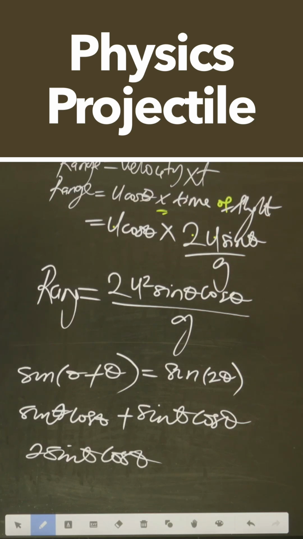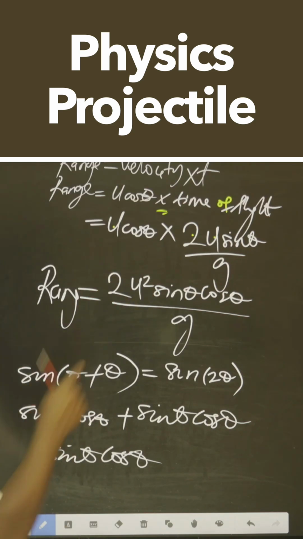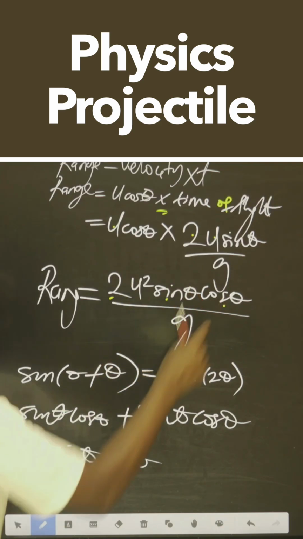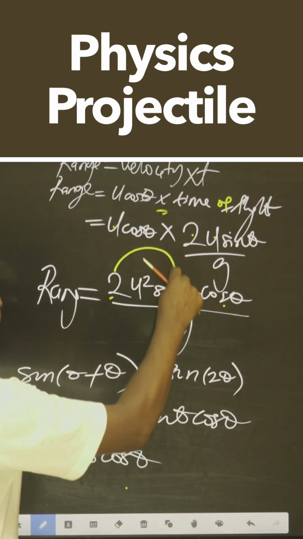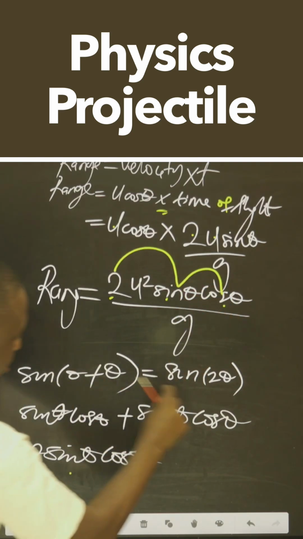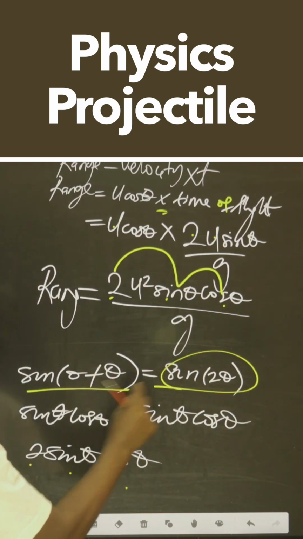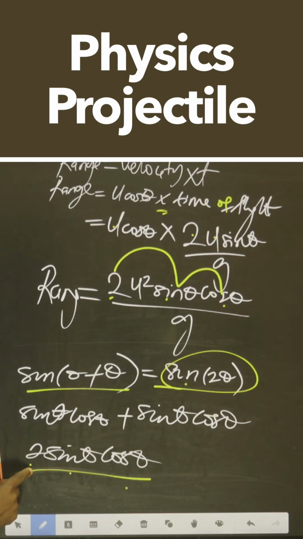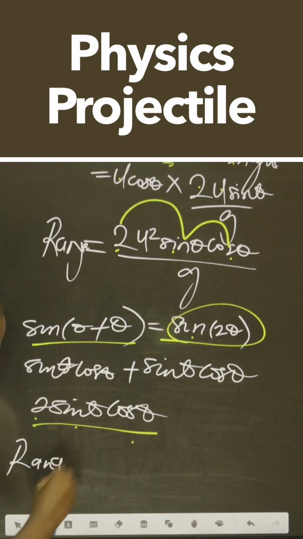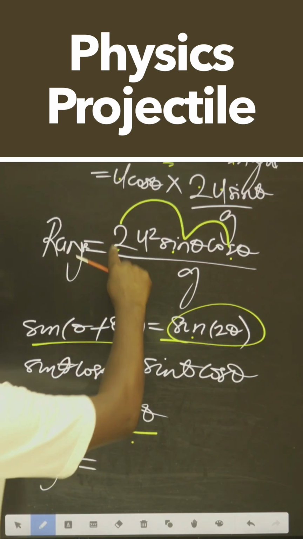So now, do you see anything like that here? This is the 2 sine theta cos theta. It means I can replace this and this with this, because this is equal to this. So therefore, I can come back here now, range is equal to all this I mentioned.